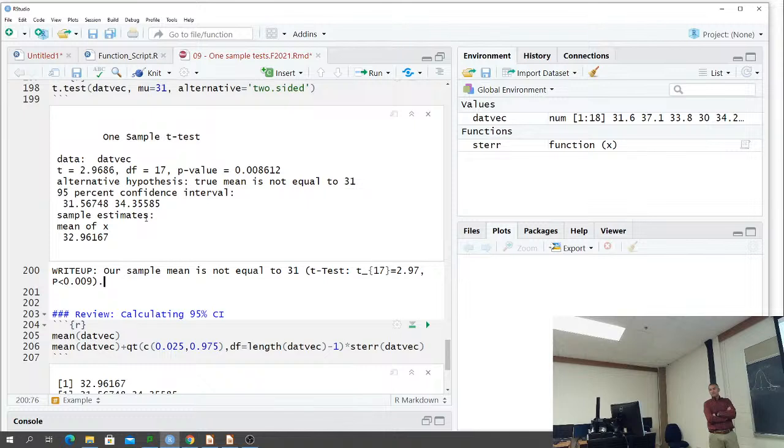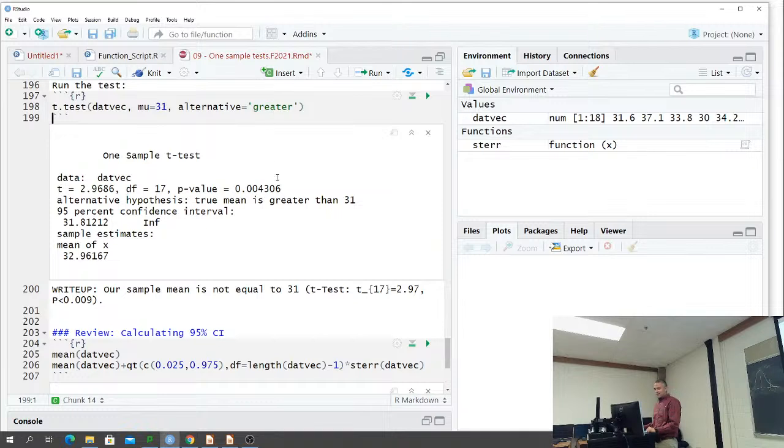Now, why did I conclude that our sample mean is not equal to 31? Why did I make that conclusion? Well, that's the alternative hypothesis. Hold that thought.